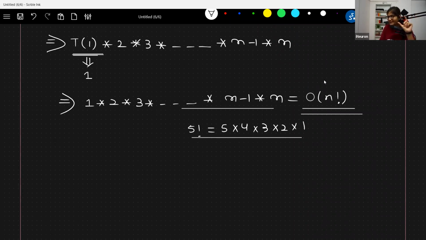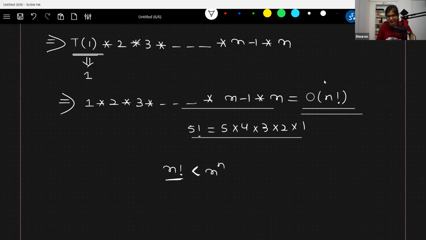Now, if you remember the complexity classes, in that I have discussed that there is something called n to the power n. So there are some students who were writing n to the power n. I will say that answer is also correct. Why? Because if you remember, the value of n to the power n is much higher compared to n factorial.